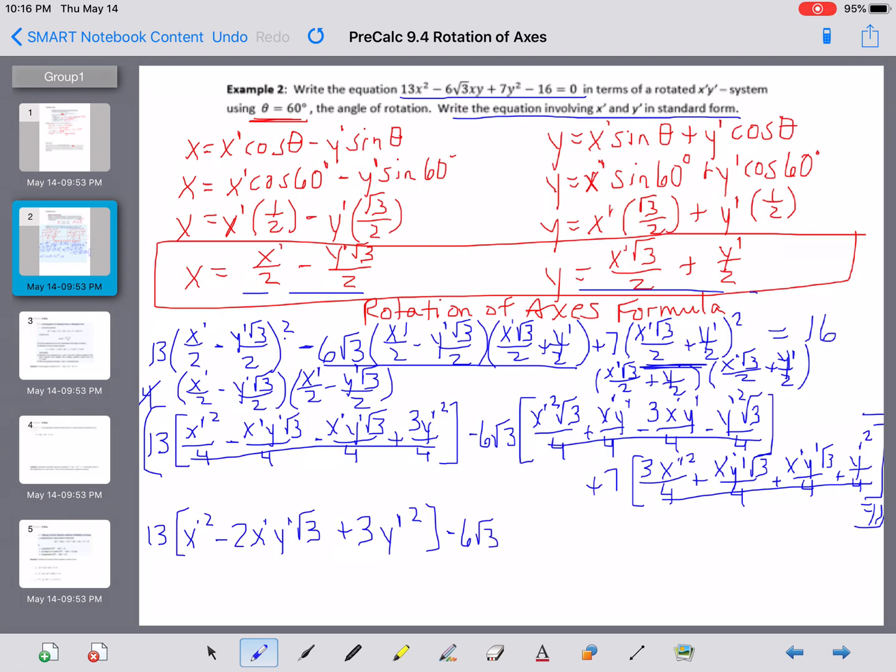All right, does anything in here match? Well, the two middle terms can combine. They're like terms. So I have an x prime squared radical 3, a plus x prime y prime minus a 3 x prime y prime will make a negative 2 x prime y prime minus a y prime squared radical 3.